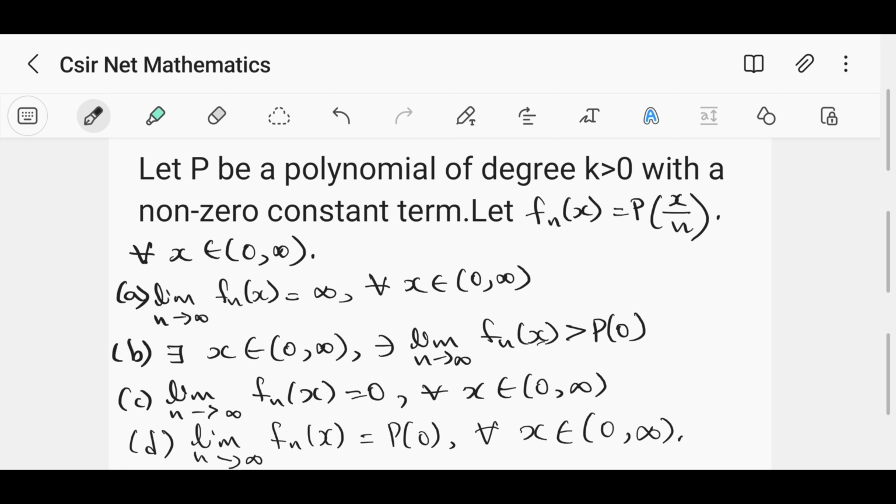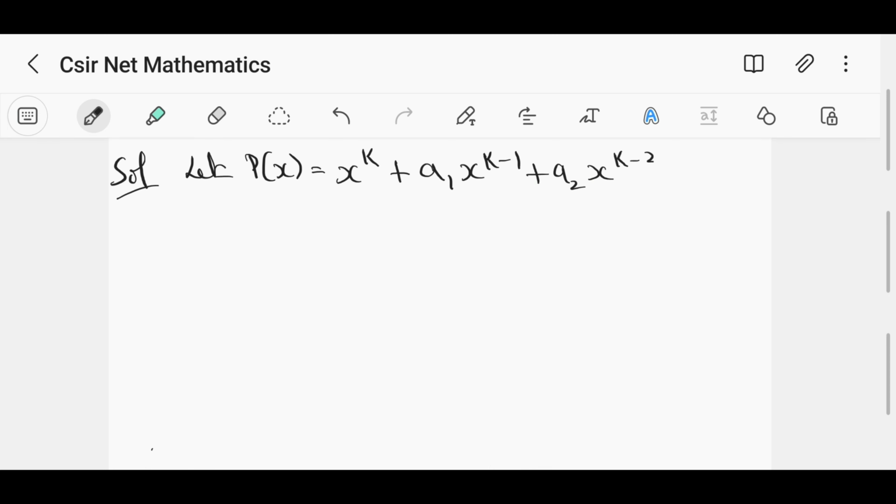So let us try solving this problem. First let us take a polynomial P(x) and then continue to solve the problem. Solution: let us consider the polynomial P(x) to be equal to x^k + a1 x^(k-1) + a2 x^(k-2) + and so on, plus a_(k-1) x + a_k.